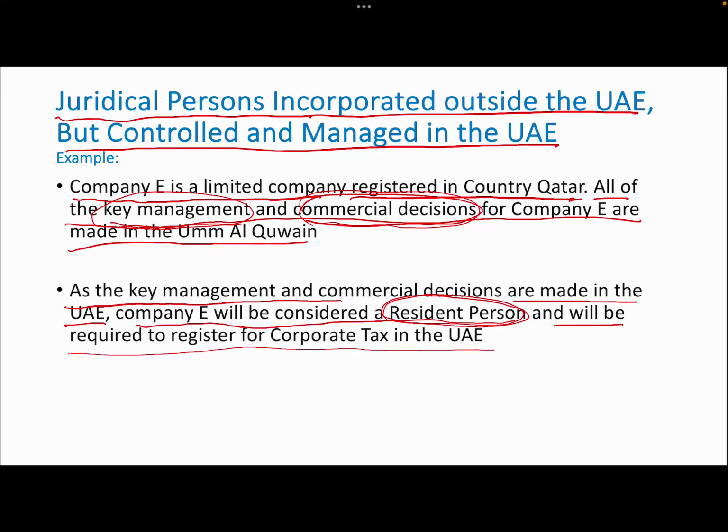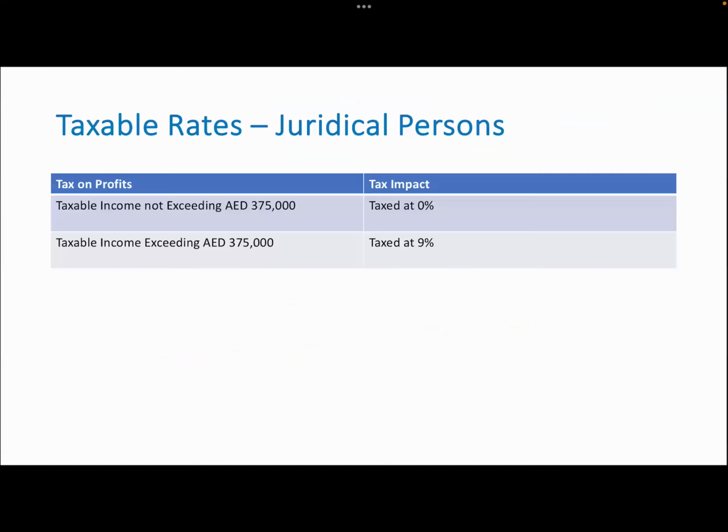And if a company becomes a resident person, then you have to register for corporate tax, and you may end up paying corporate tax on the profits of that company, provided you have not made an application or election for an exemption. If you have, then you may end up not paying any tax. But again, we will speak about that in our upcoming articles. Let's move to the next slide.